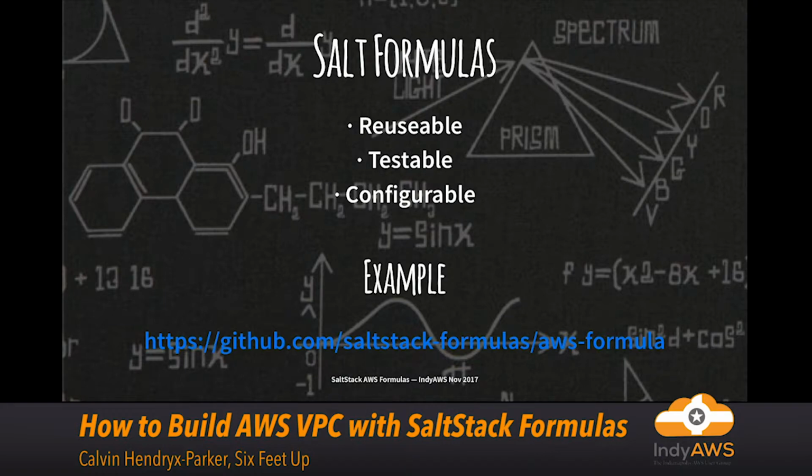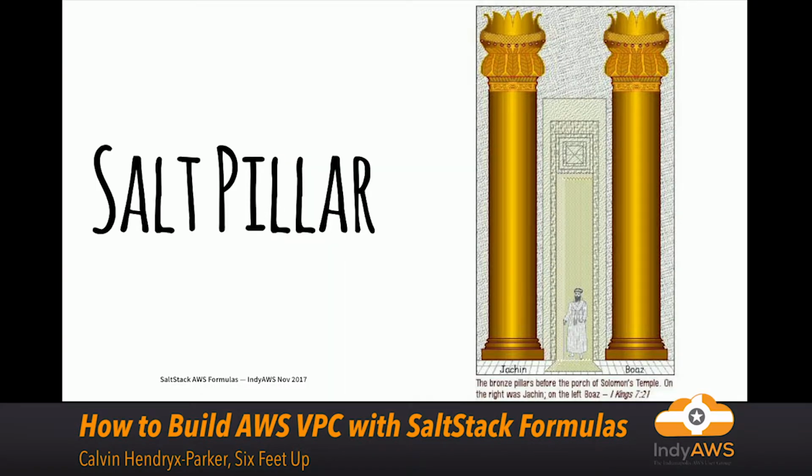Pillar is a data store of content for you. So when we talk about Salt, we'll talk about pillars and we'll talk about states. The Salt states are the templates that describe the thing you want to build. So if I was doing an Nginx formula, I would have a template of a Salt state that would say install the Nginx package.